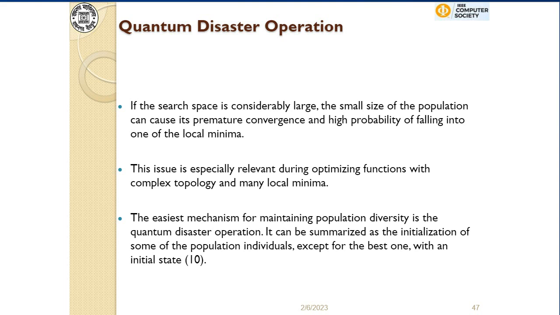Disaster means destroy: you destroy the configuration of the qubits at any point during the run of the algorithm, by judging whether the chromosomes are not fit, are not going to excel in their performance, and are likely to get stuck in the local optimum. So you pick and choose those chromosomes and initialize them again back to square one, that means back to the initial state, so that you can start all over again.